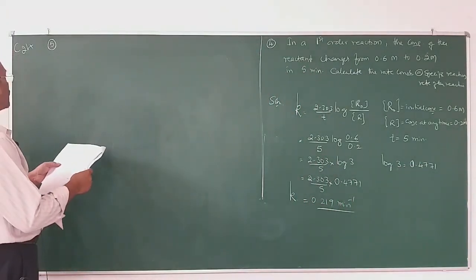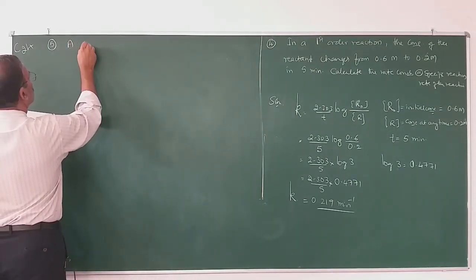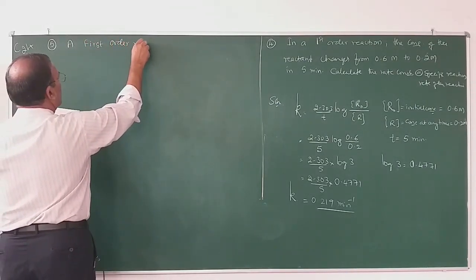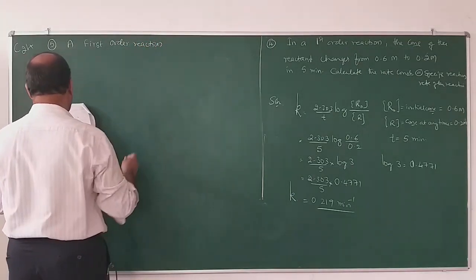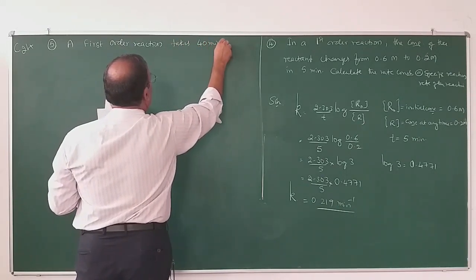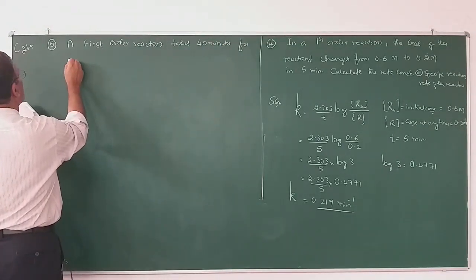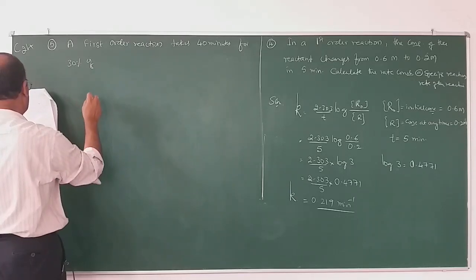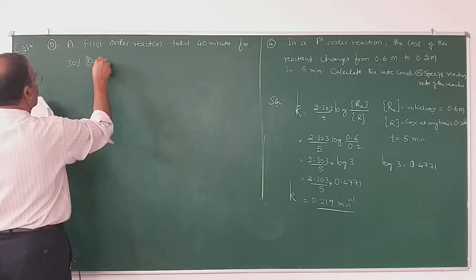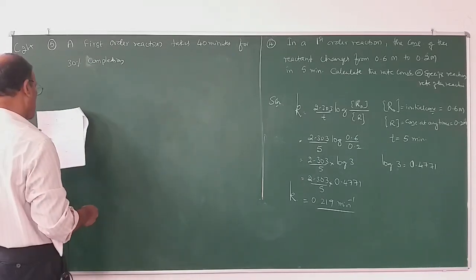Now problem number 5. A first order reaction takes 40 minutes for 30% completion.